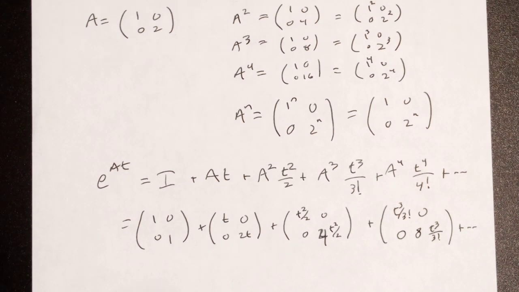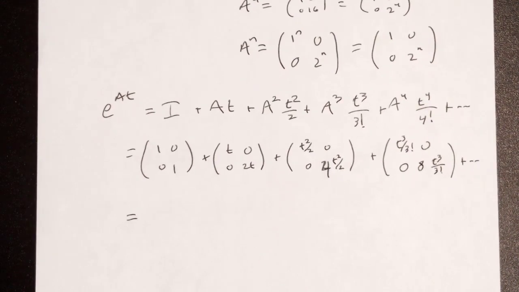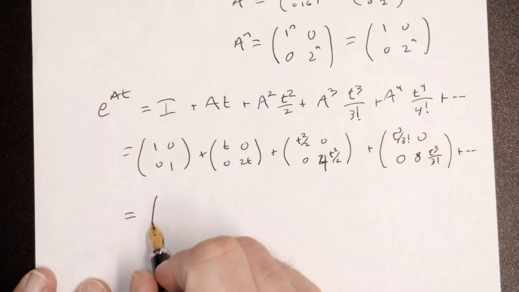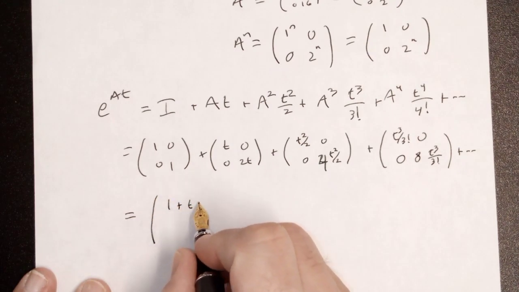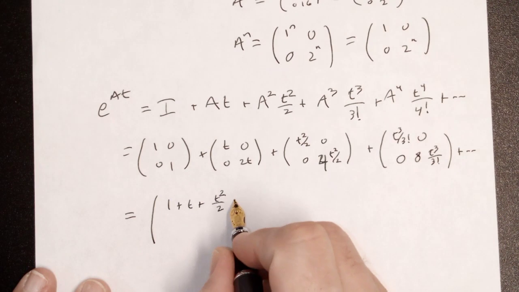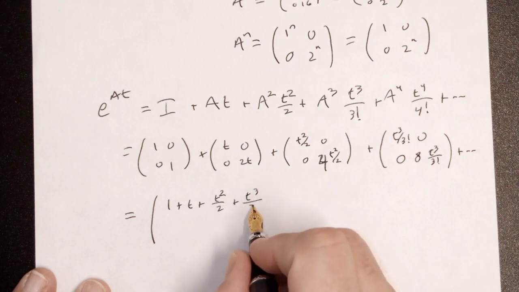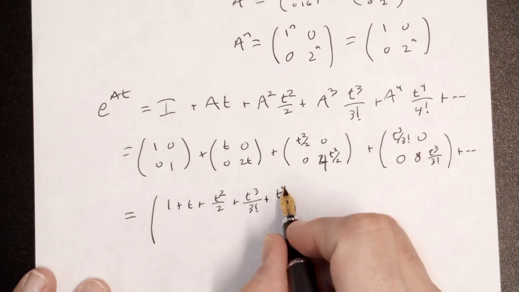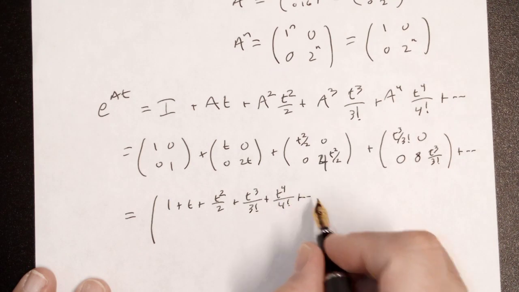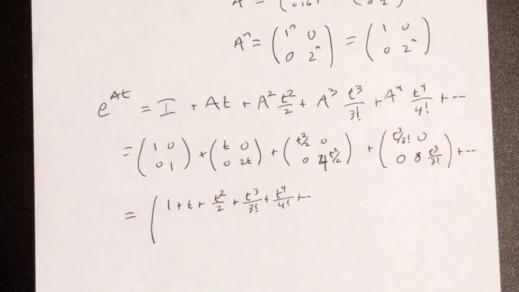But when you add matrices, you add everything in the corresponding positions. So what goes in the upper left? What goes in the upper left is 1 plus t squared over 2 plus t cubed over 3 factorial plus t to the 4th over 4 factorial and so on. What goes in the upper right corner?